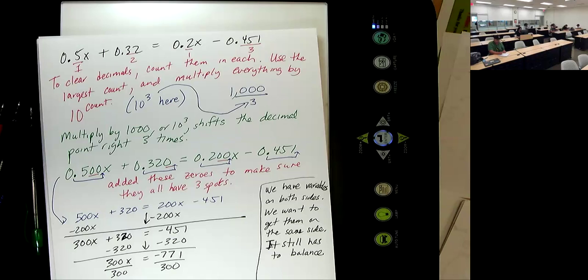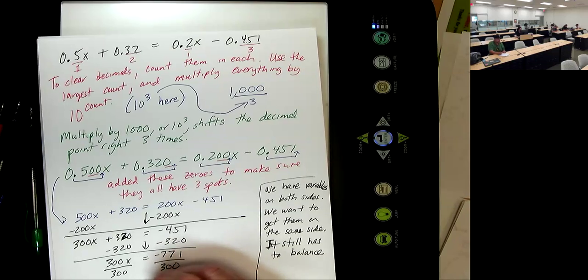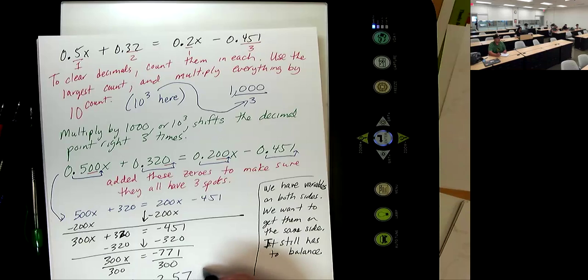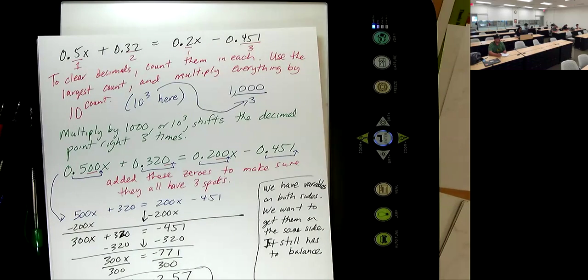I don't know what that equals, but I'm going to find out. -771 divided by 300. Not as bad as I thought it was going to be. So that would be the value that solves the equation up there.